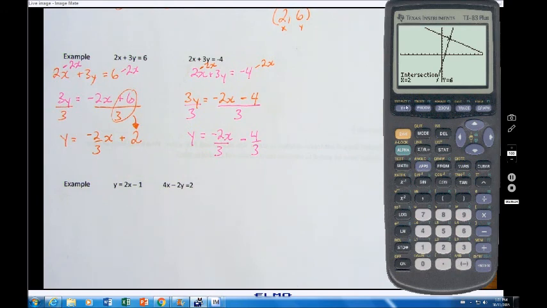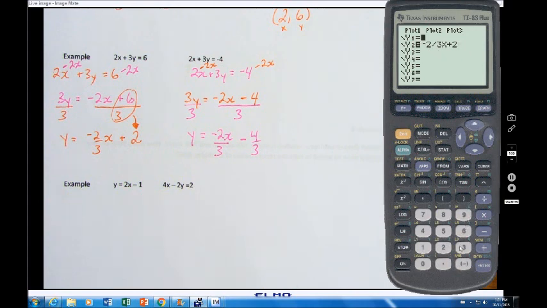So if I put those in my calculator, what is it going to look like? So negative 2/3 x plus 2. And then I'll go up and do the other one.